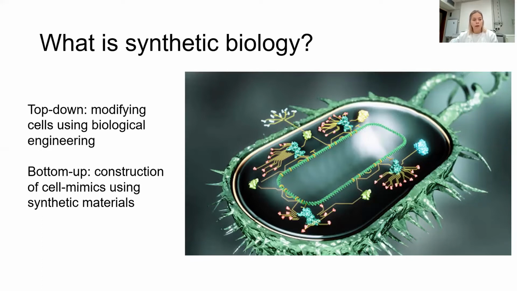Top-down refers to taking an already living cell and modifying it, stripping it of things that maybe aren't necessary, or modifying the DNA using biological engineering. Bottom-up means starting from completely synthetic materials and making your own cell. The cells in the paper that I'm going to discuss today were made using a bottom-up method.